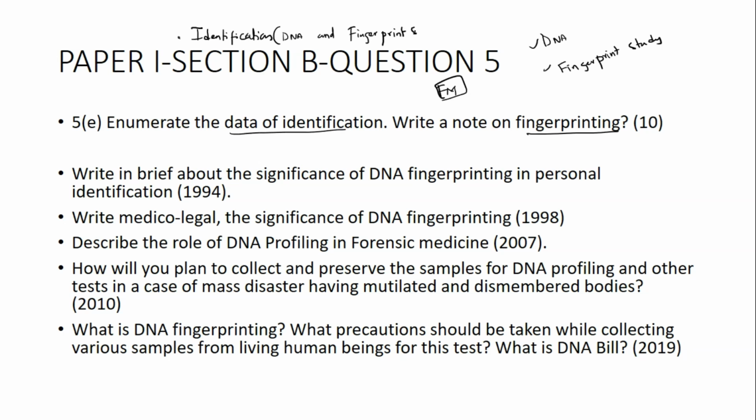Now, when you look at previous year questions, they are always asking DNA fingerprinting, DNA profiling, and what is the DNA bill. I think even this question is also on DNA fingerprinting. So don't worry about what the types of fingerprints on your hands are. Focus on DNA fingerprinting.